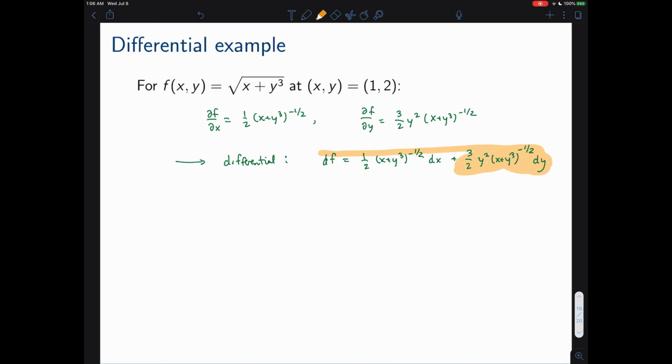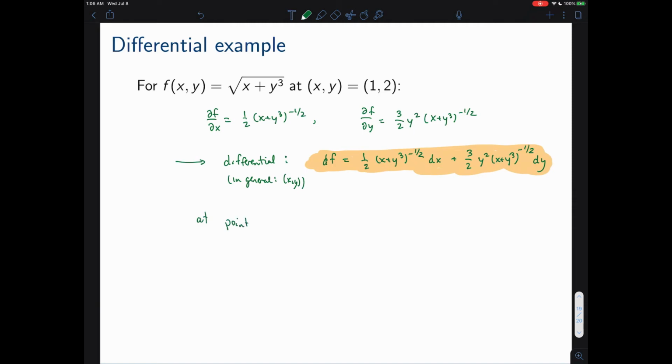I would say that's the differential in general. We left it with an x and a y in there.